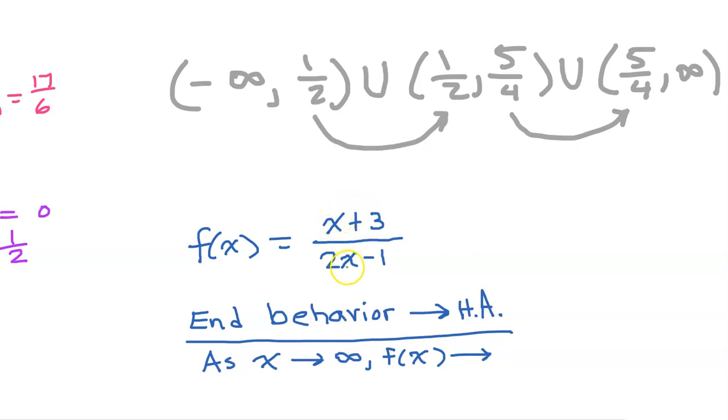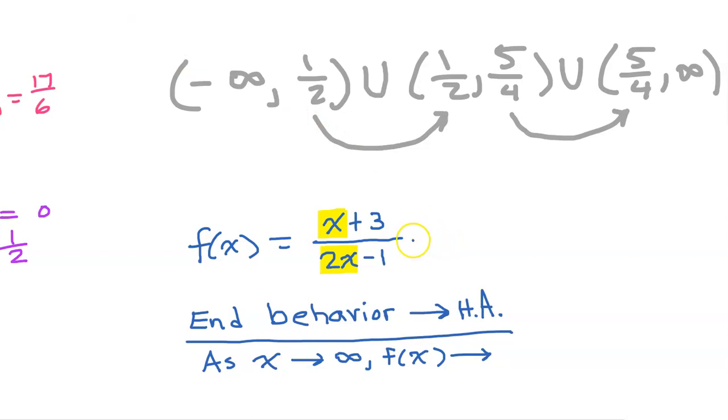As x gets bigger and bigger and bigger, in the numerator, only the x term is going to matter. When x is 100 million, the fact that there's a plus 3 here is going to be meaningless. Same thing with the 2x. As this gets bigger and bigger, the minus 1 is not going to matter at all.